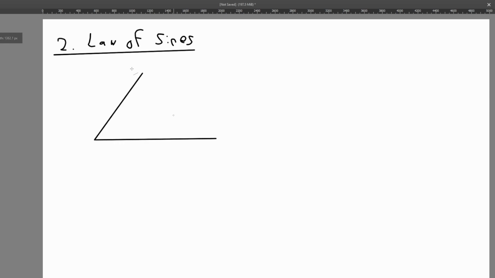Now, in a triangle, let's say it has side lengths A, B, and C, with corresponding angles of alpha, beta, and gamma. Now, the law of sines states that the ratio of the side lengths to the sine of their corresponding angles is equal for any side of the triangle.